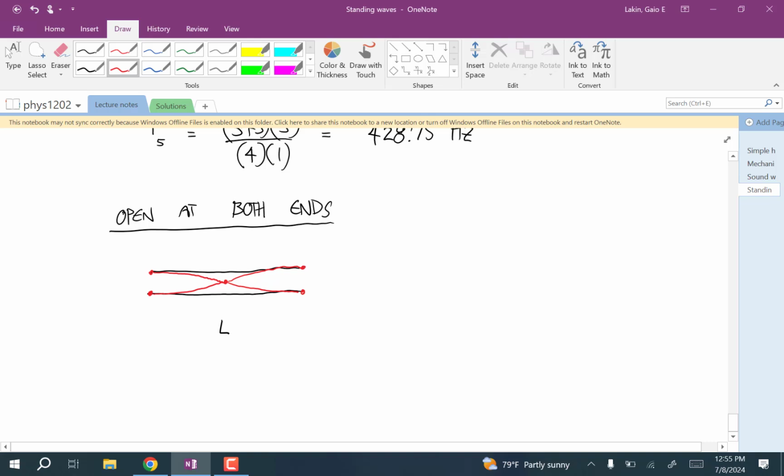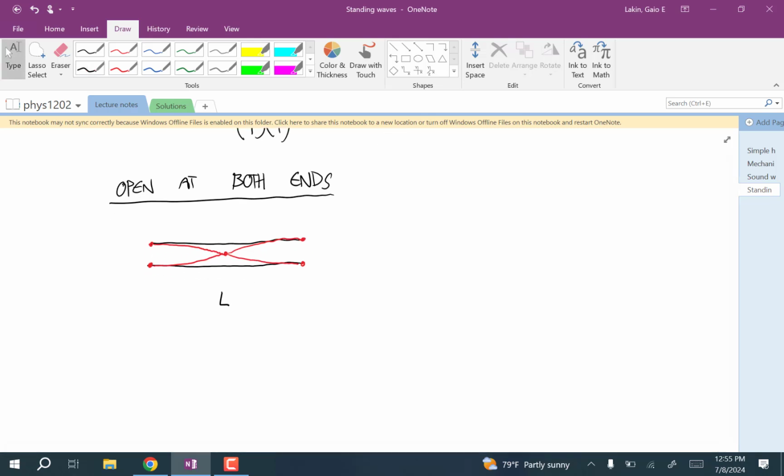Okay, so you can think of this as 2 quarter wavelengths. And so this is mode 1. This is the fundamental.